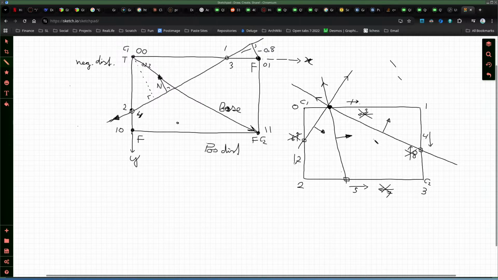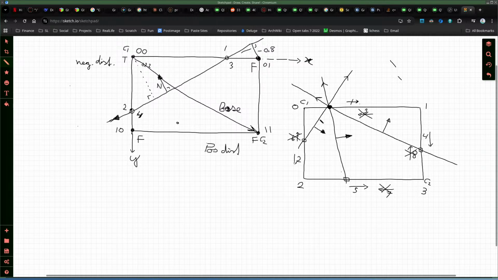Which means that we are looking for a point, a corner, that is on the same side of all these lines, which is only this one. Or not. Point 0 here is on the positive distance, so you have to travel from corner 0 a positive number of times the normal to reach the line.